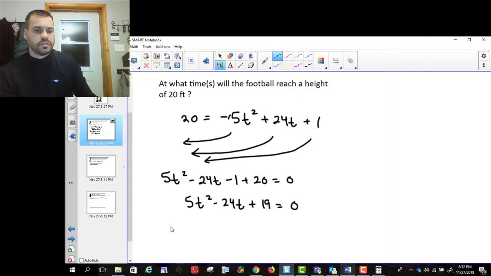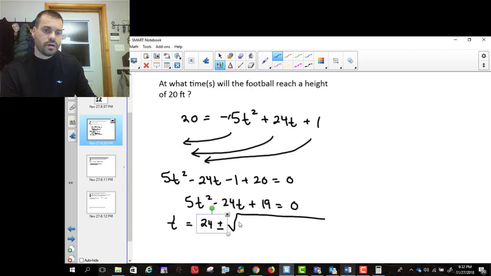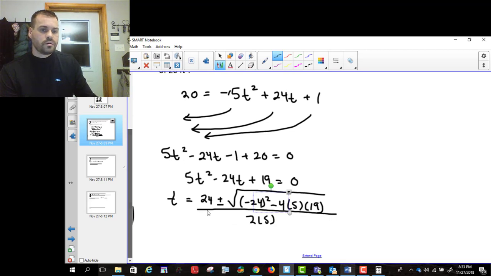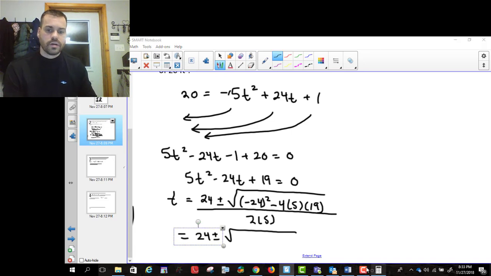So I'm going to go t is equal to, in this case, b is minus 24, so I get 24 plus or minus the square root of minus 24 all squared minus 4 times a, which is 5, times c, which is 19. And we're going to divide by 2 times 5. So 24 stays there. 24 squared is a rather large number.